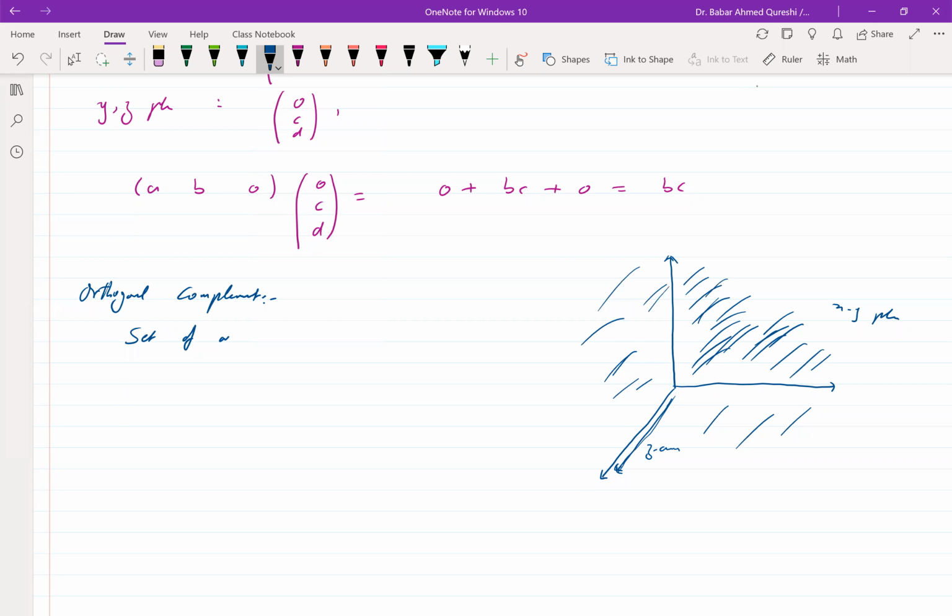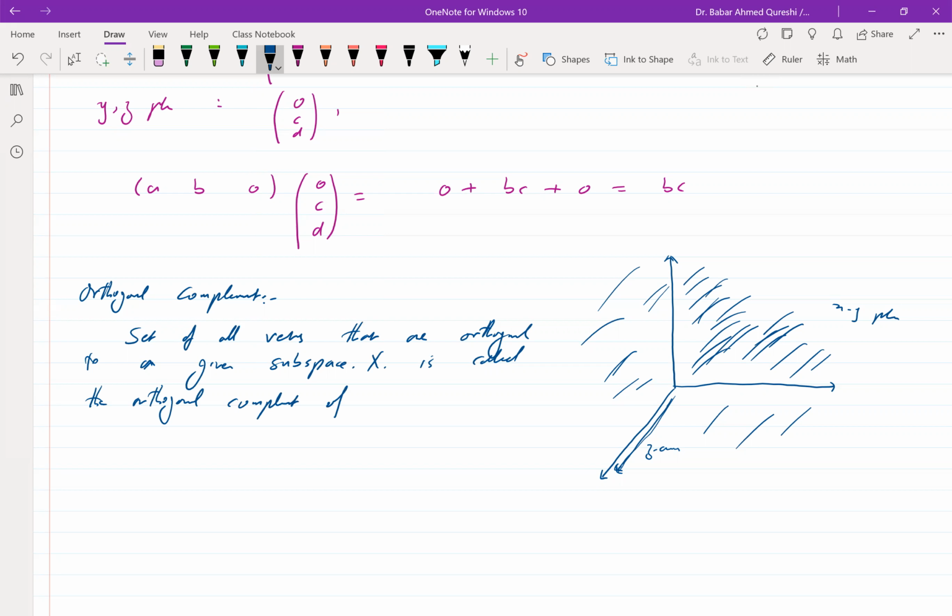The set of all vectors that are orthogonal to a given subspace, let's say X, the set of all vectors that are orthogonal to the given subspace X is called the orthogonal complement of X, and is denoted by X perpendicular.